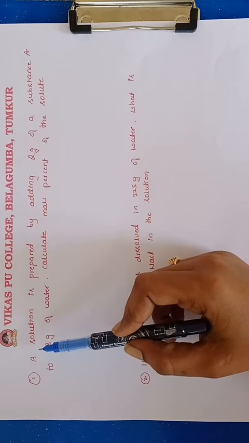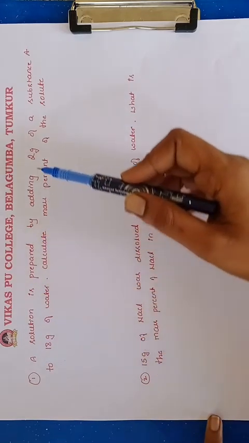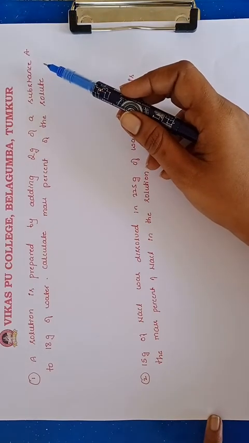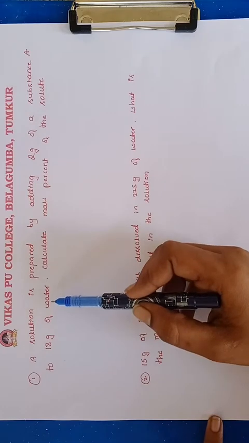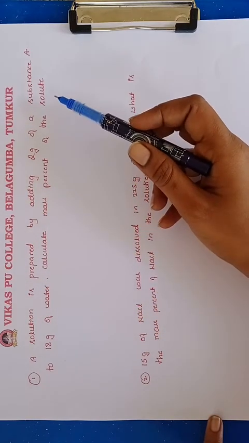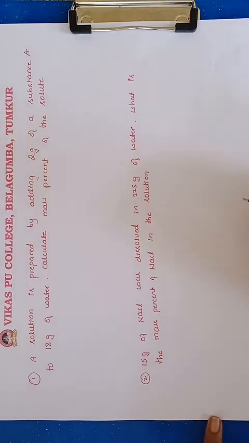This problem says a solution is prepared by adding 2 gram of a substance A to 18 gram of water. Calculate the mass percent of the solute. We know the formula to find the mass percent.